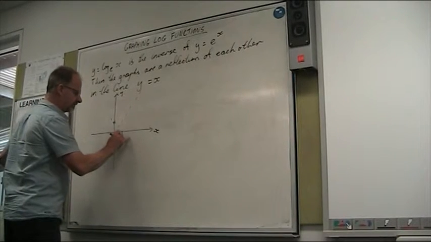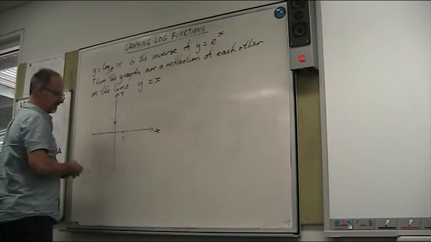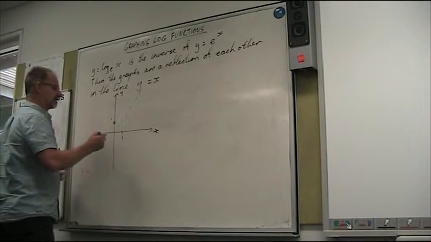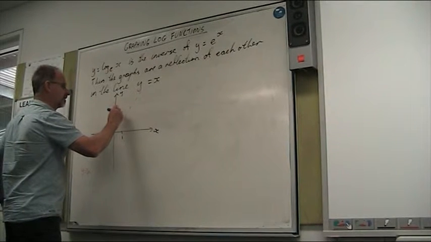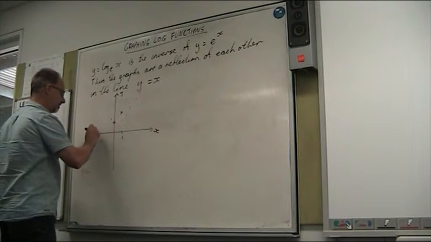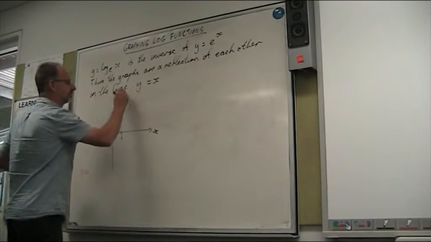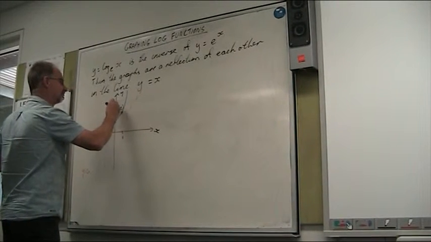Another point I can choose is where x is equal to 1, where y would be equal to e. So that point there is (1, e).